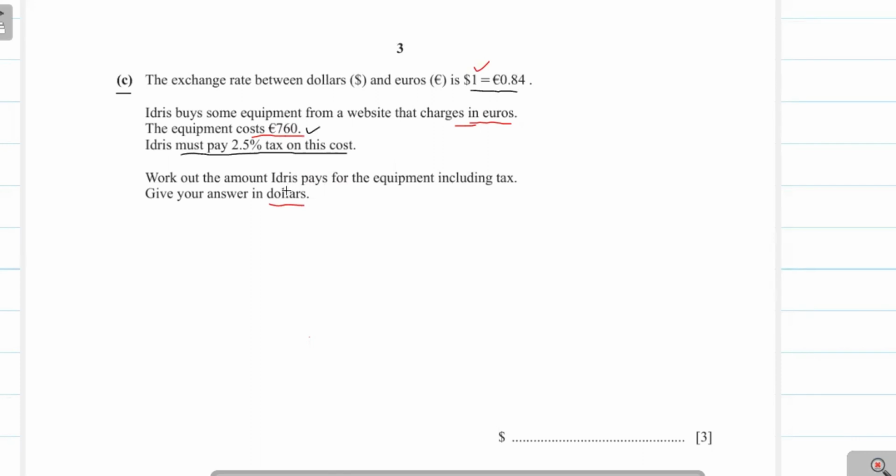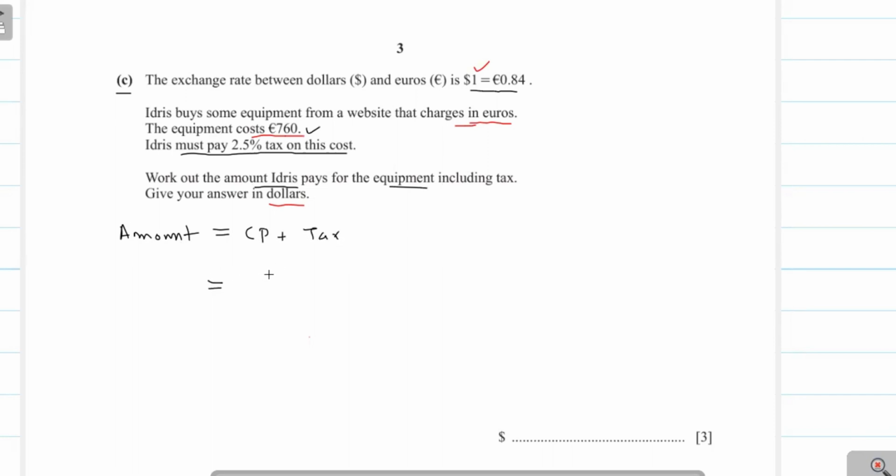We have to find the total amount Idris pays for the equipment including tax. The amount he paid will be equal to the cost price plus tax.